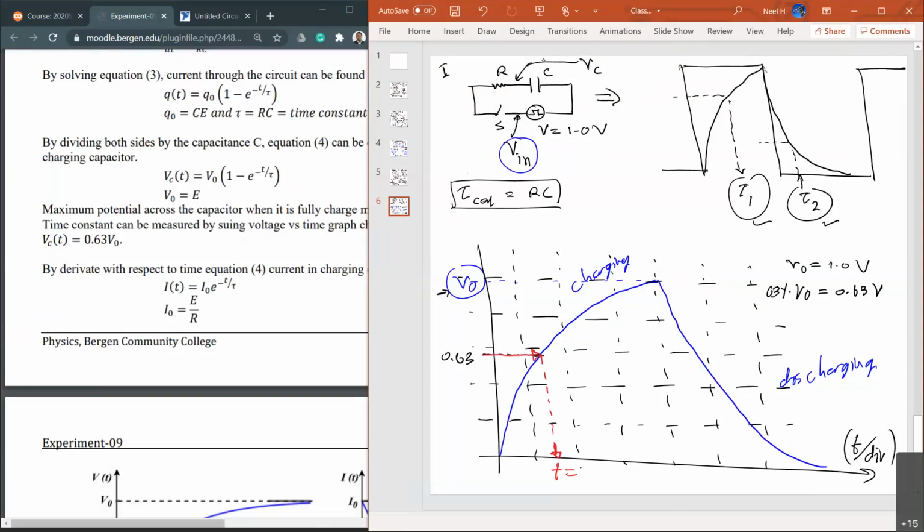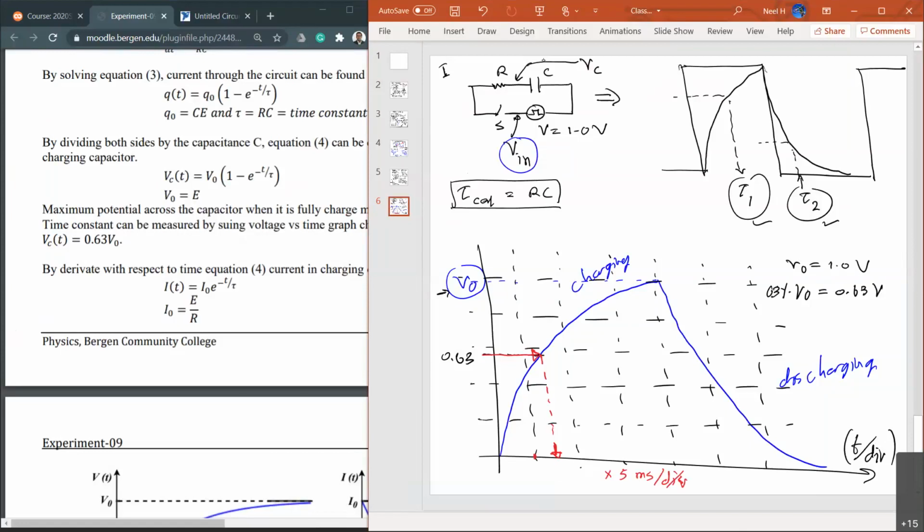To find that time, how many divisions do you have? Let's say I have 1.5 divisions here. 1.5 divisions multiplied by the value of time per division. Let's say, this is an example, it's telling you 5 millisecond per division. Now the division cancels out.